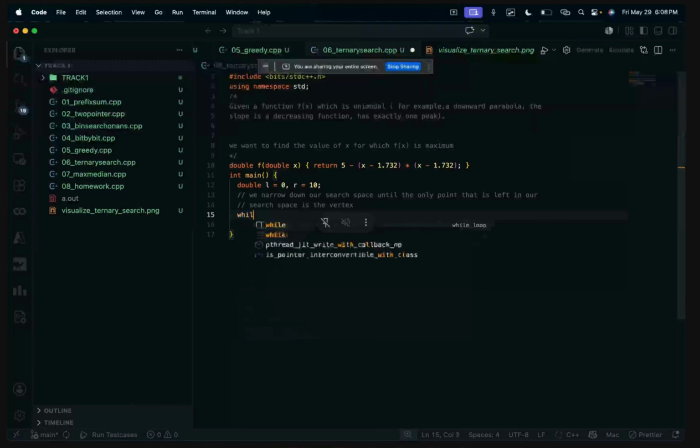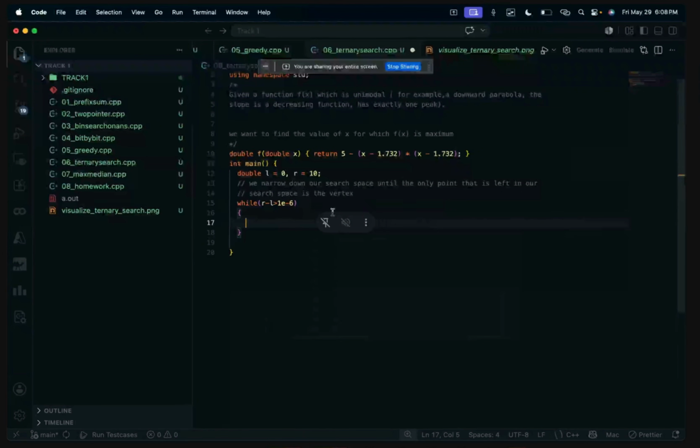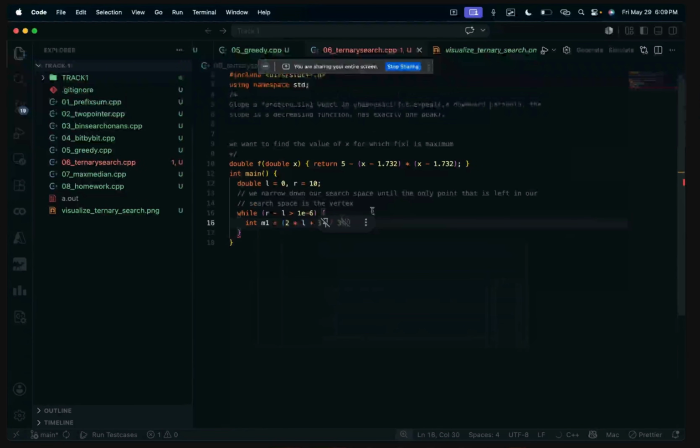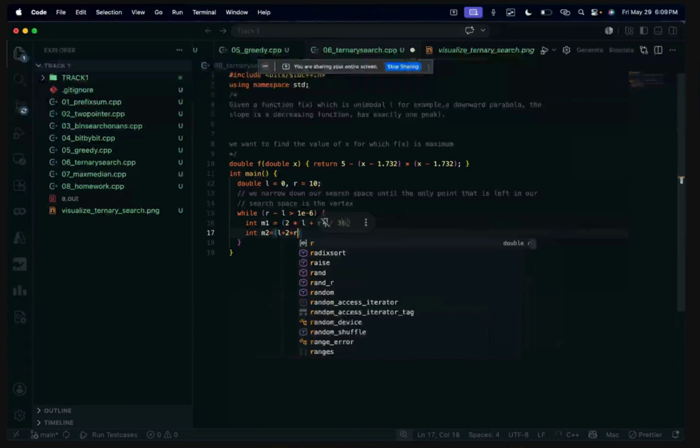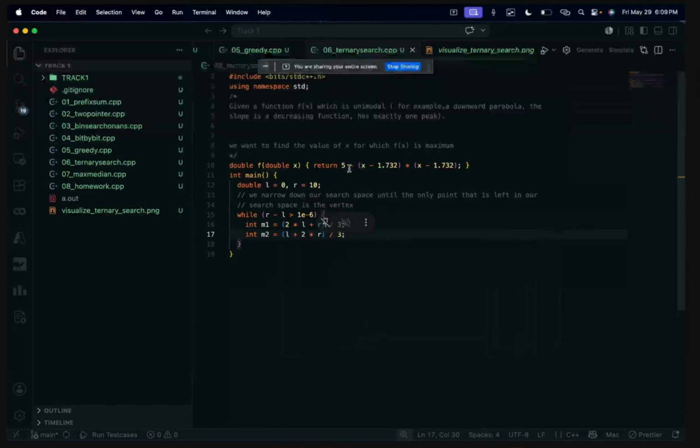So what we do is, while the difference between the high and low is some significant quantity, say 10 power minus 6, instead of taking the single midpoint, we take two midpoints. I can take the first midpoint to be (2L + R)/3, and we can take the second midpoint to be (L + 2R)/3. So I effectively divided the search space L to R into three parts.